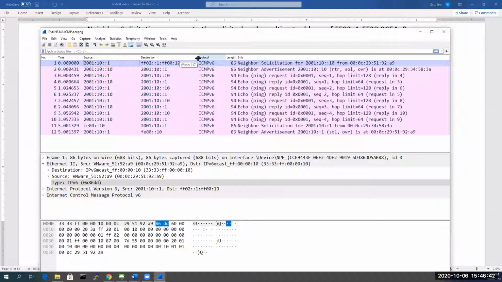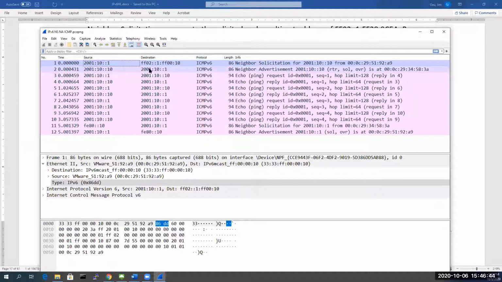Let me open it up. All right, so you see, when you want to ping 2001:10::10 from 2001:10::1.